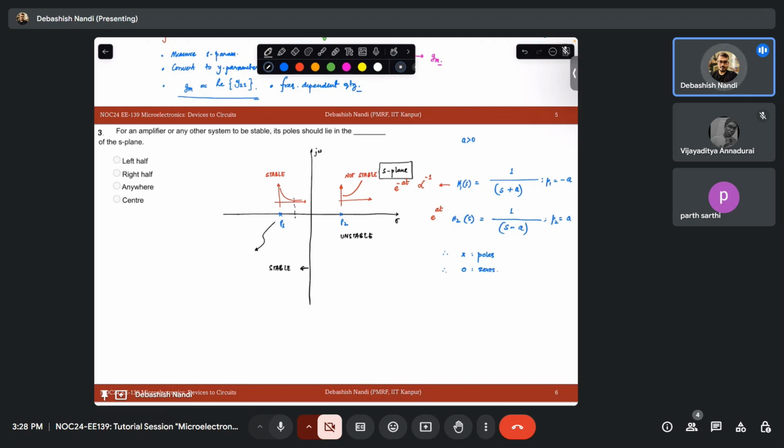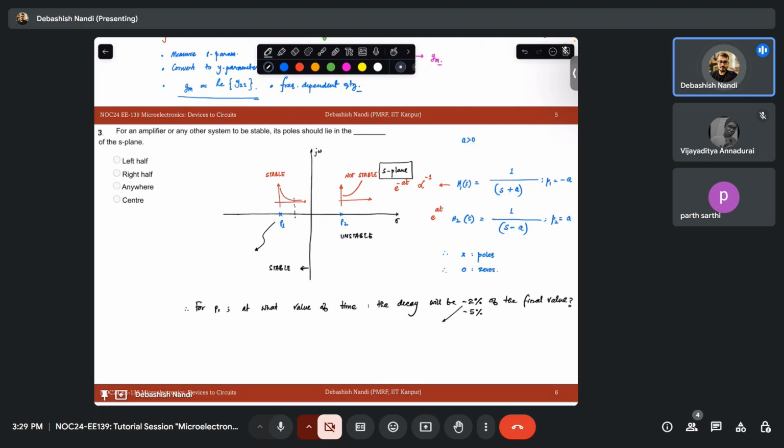Can you tell me, for this particular pole P1, at what value of time the decay will be 2% of the final value, or 5% of the final value?